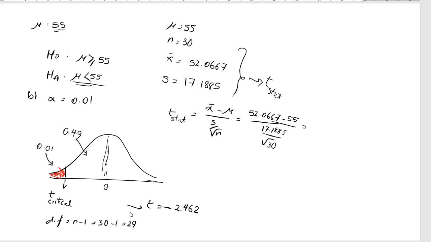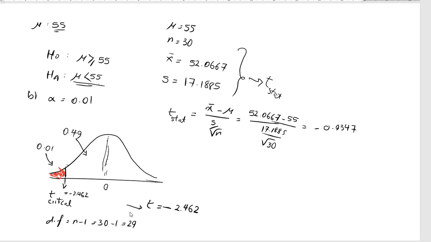If you solve this, you should get a negative value, because 55 is larger and it has a negative sign. Plug in the values into the calculator and you should get minus 0.9347.